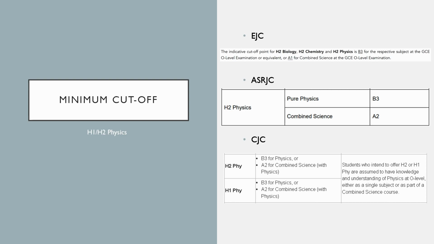Nevertheless, different schools have different cutoffs, and as such, it would be prudent to simply Google search the subject combination of your applied JC in the year 2022, as demonstrated here by the example of TJC.